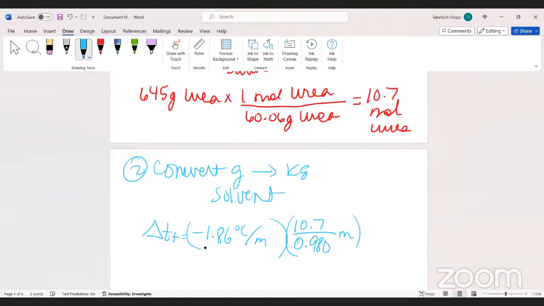I'm going to put those units in because those are the units for molality. And we're going to cross out our m's because we don't need that anymore. Let's plug that in. We got negative 1.86 times 10.7, divided by 0.980, and you get negative 20.3 degrees Celsius.